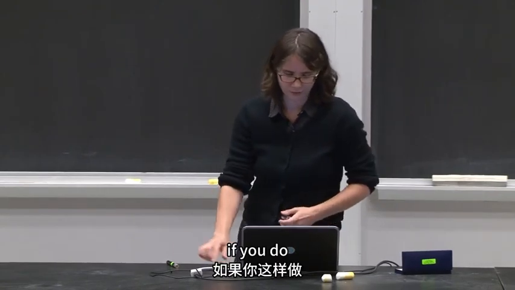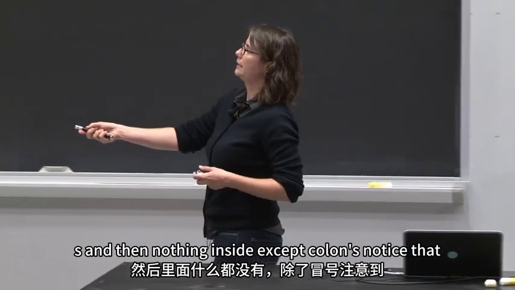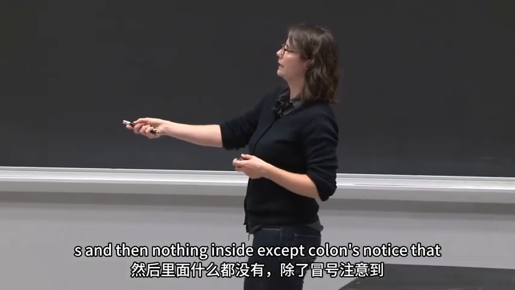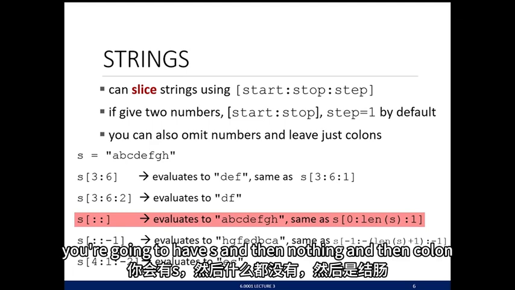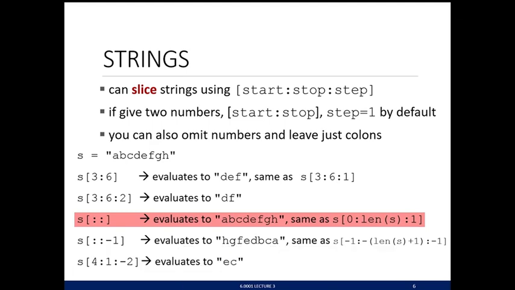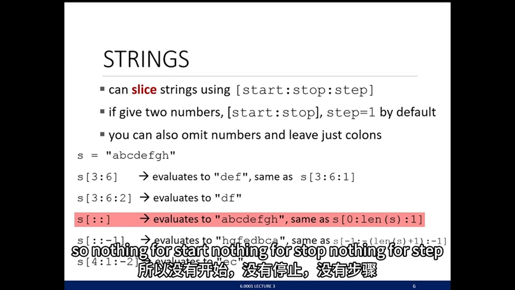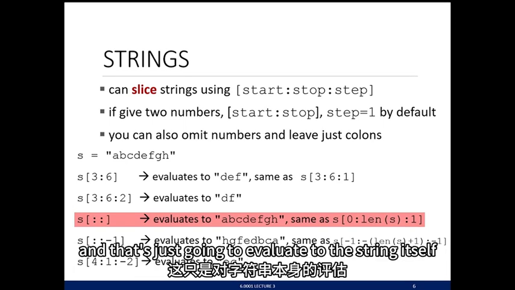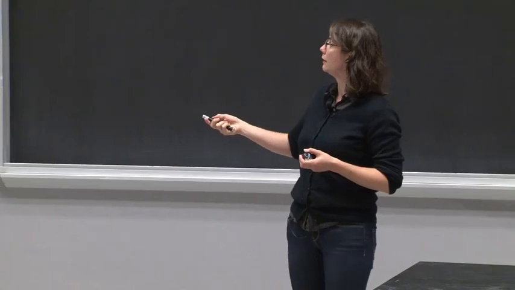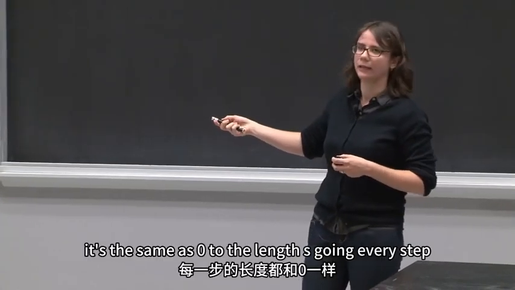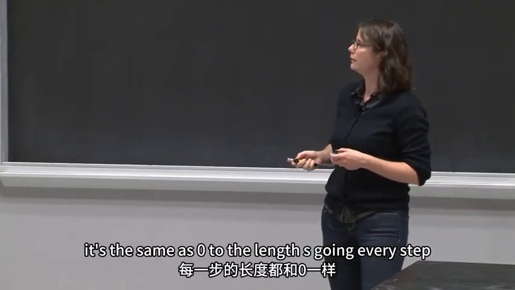If you do S and then nothing inside except colons, notice that you have S and then nothing, colon, nothing, colon, nothing. So nothing for start, nothing for stop, nothing for step. And that's just going to evaluate to the string itself. It's the same as 0 to the length of s going every step.